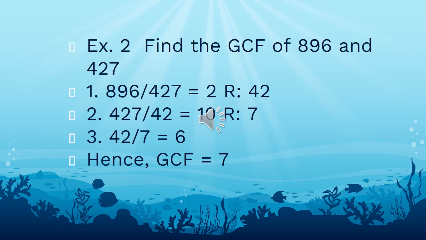Next we divide 427 by 42, that gives us 10 with a remainder of 7. Finally we divide 42 by 7, and that gives us 6 without any remainder. So we stop at this point and we check our last divisor. Our last divisor is 7, therefore the GCF of 896 and 427 is 7.